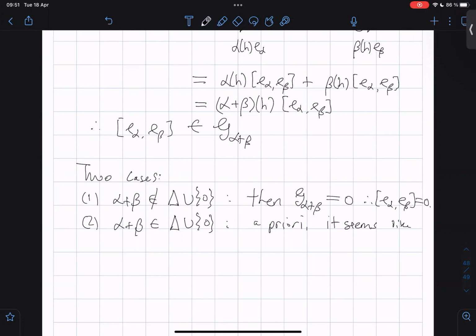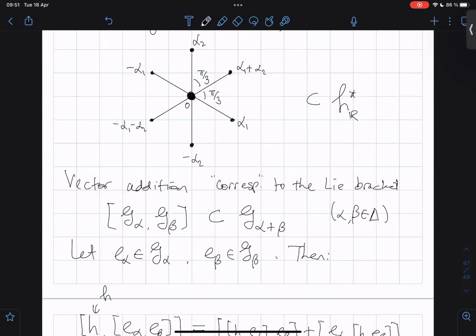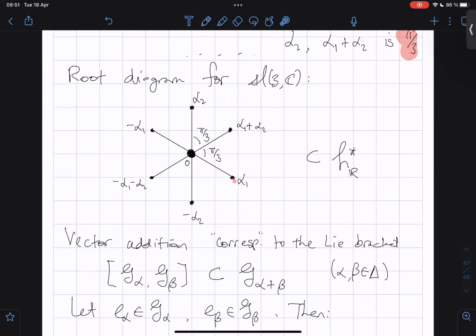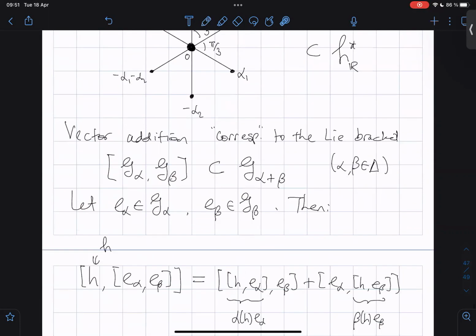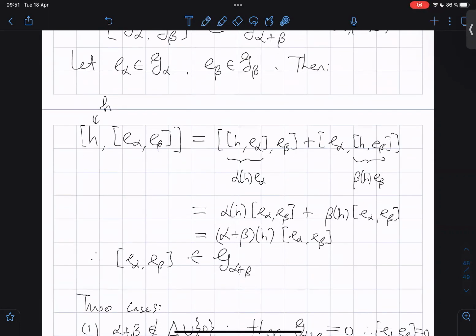So you need more information. Let me leave it like that. Yeah, it does turn out that if you take something from here and here, on opposite sides, along a line, then they will pair non-trivially. Okay, I'll give you this really concretely.